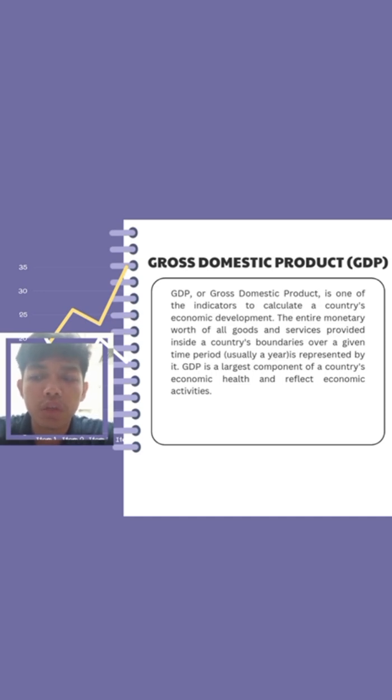Today I want to talk about how to measure economic growth. Gross domestic product, or GDP, is one of the indicators used to calculate a country's economic development. There are three main methods for calculating GDP: the production approach, the income approach and the expenditure approach.